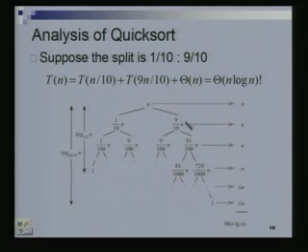And this 9n by 10 also gets divided into 9n by 100 on one side and 9/10 of this, which is 81 by 100 n, on the other side. How much time did it take to partition this into this and this? N by 10 number of elements, and so the total time for this level is still n. So similarly, the total time for every level will continue to be n, but now how many levels do I have?